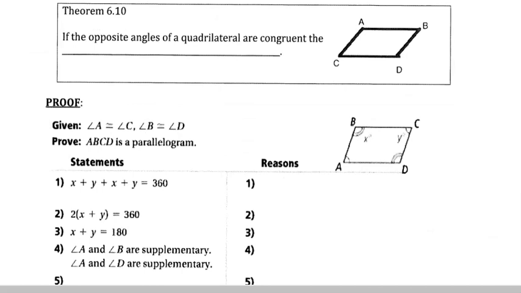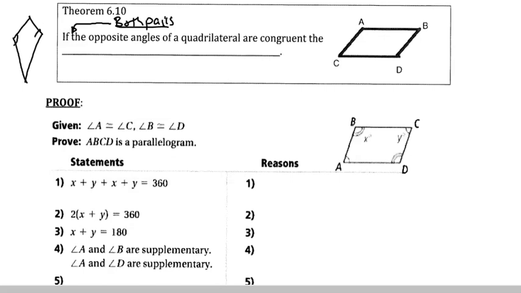Okay, the next one we're going to be looking at is if the opposite angles of a quadrilateral are congruent. But here's the thing, if both, please put this in, both pairs. It has to be both pairs, okay? It can't just be one. Let me show you an example of something that would have one pair, but it's not a parallelogram.